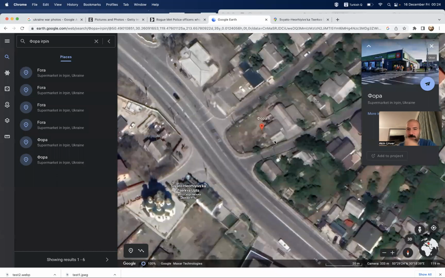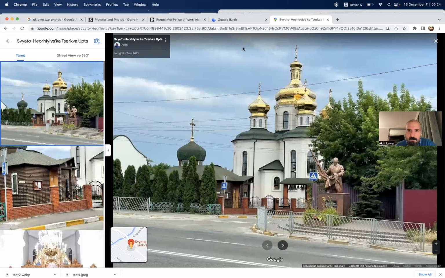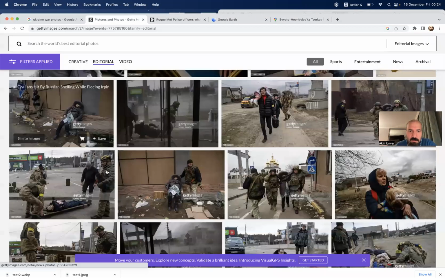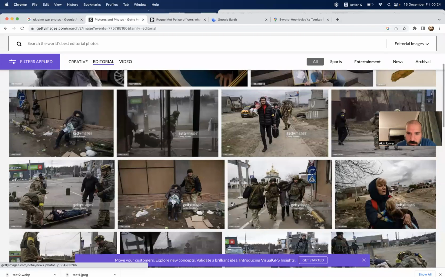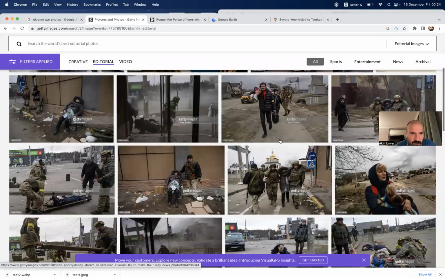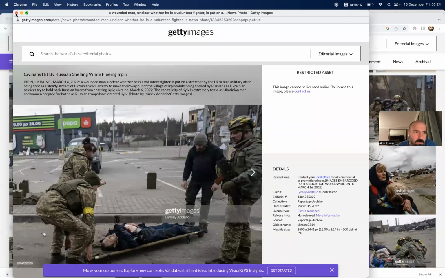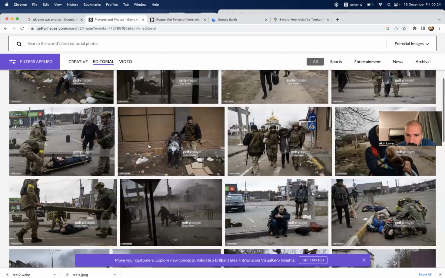But from a map point of view, this probably goes all the way back to 2019, something before the war, definitely. So this means that this is a pretty recent fora. And the church is here as well. So here, what I will try to do is triangulate the exact spot from which that photo was taken.